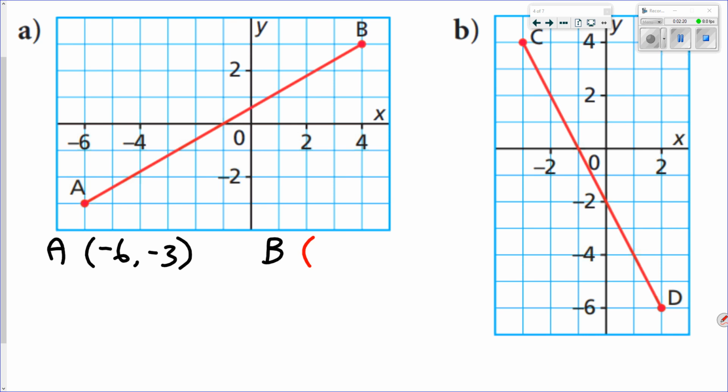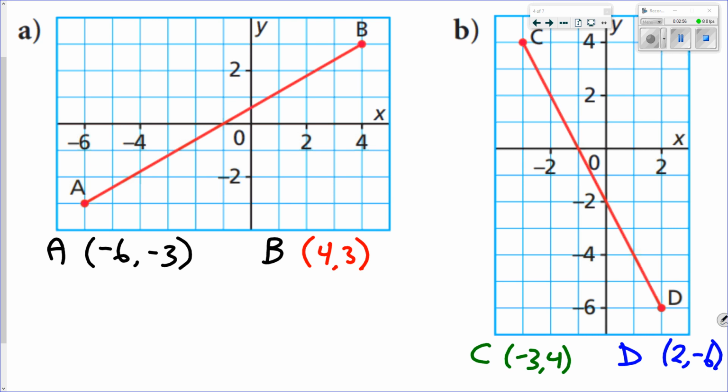Point B, x is 4, y is 3. C, x is negative 3, y is 4. And for D, x is 2, y is negative 6.